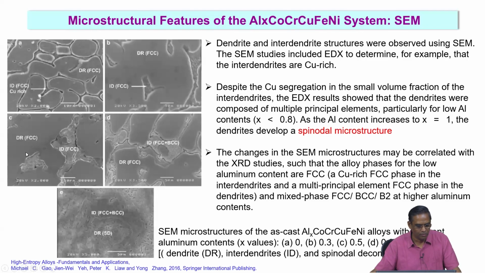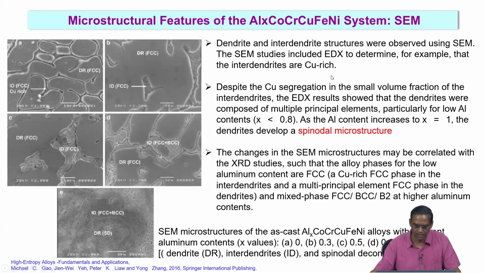You can see that if you reach 0.8 or so, the interdendritic region has some features visible, some kind of mixture is visible, and when it crosses 1 aluminum, you see a spinodal decomposition microstructure, and then you have a very small interdendritic FCC plus BCC mixture here.